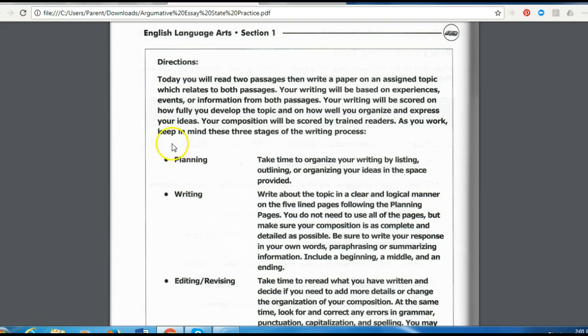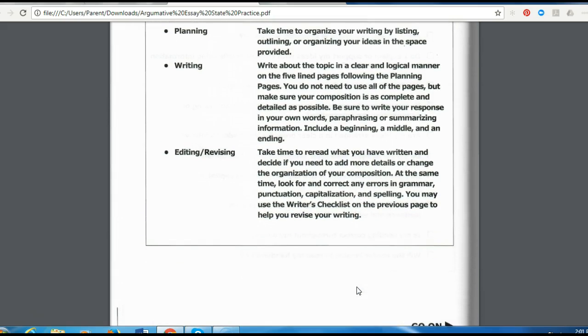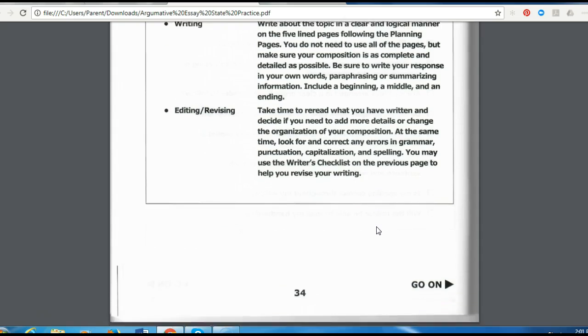So you will have time to do planning. If it is a typed test, what I recommend is using kind of an outline. And later I'm going to show you how to really do an outline for an argumentative essay. Then you're going to have your writing, when you're actually doing your writing, and then your editing and your revising. Again, this is rereading what you've written as you're writing and then at the end.